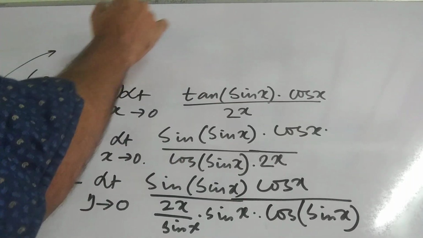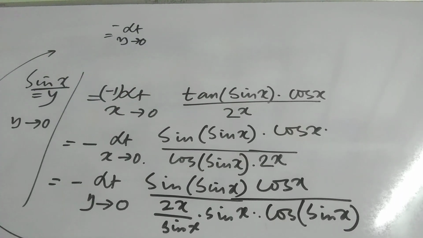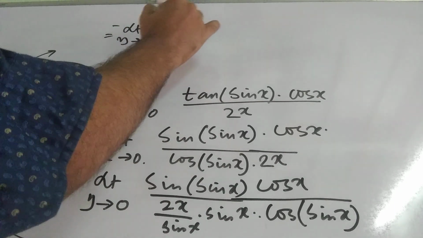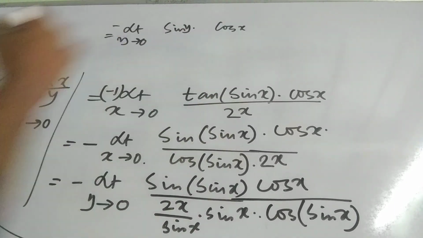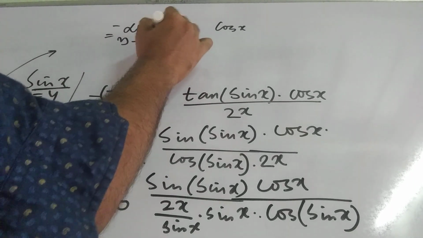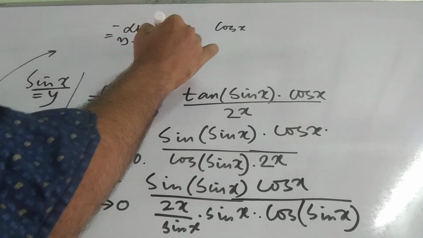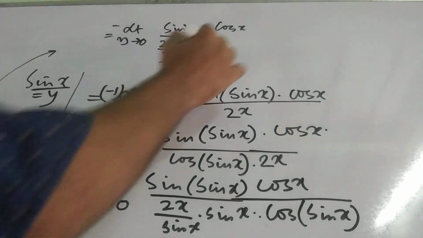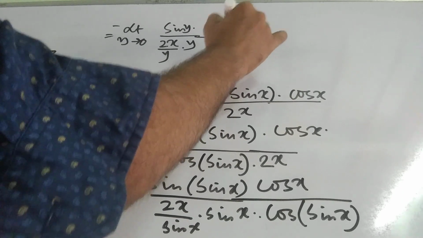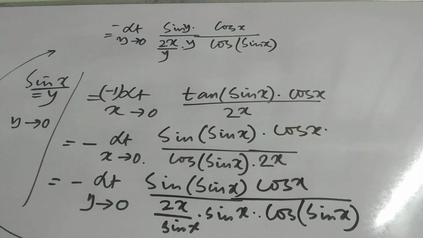So minus limit y tends to 0 sin y into cos x divided by 2x by sin x, that is 2x by y, into y into cos of sin x. Right? This is the derived formula as of now.